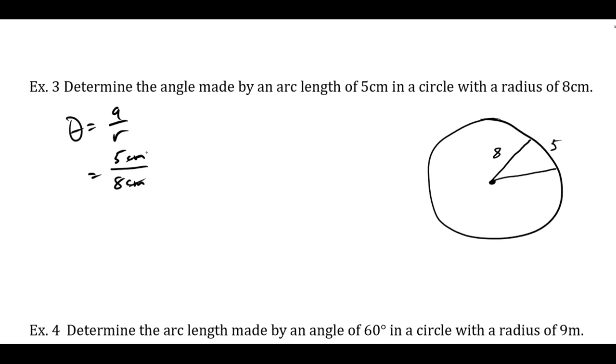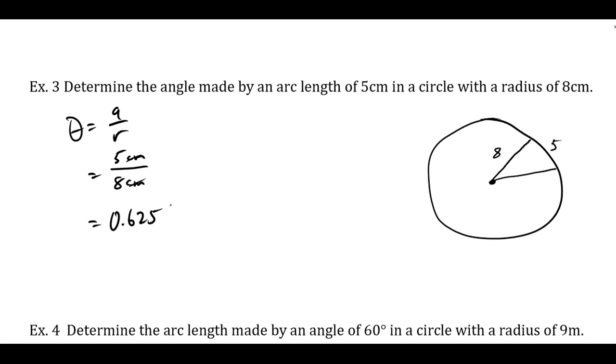So 5 divided by 8 is 0.625, depending on how it wants you to answer this. What does that mean? 0.625 of 1 radian. And how would I convert that to degrees?